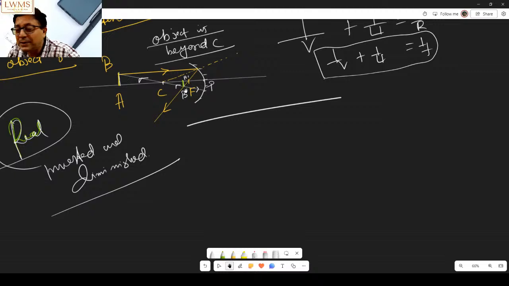So this time the size of the image is less than the size of the object. The situation may arise in this manner. I am just showing you a clear diagram. You all must do it with me.